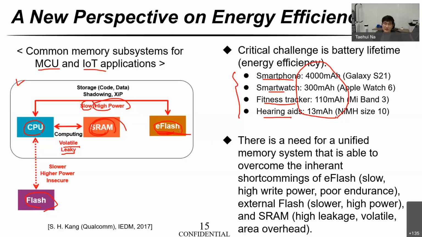And it is worth noting here that embedded flash is not scalable below 28 nanometer technology. And also, it cannot use the FinFET technology because it is not cost effective anymore. Okay, and in case of external flash, it is slower, higher power, and insecure. So there is a need for a unified memory system that is able to overcome these inherent shortcomings of eFlash, external flash, and SRAM.